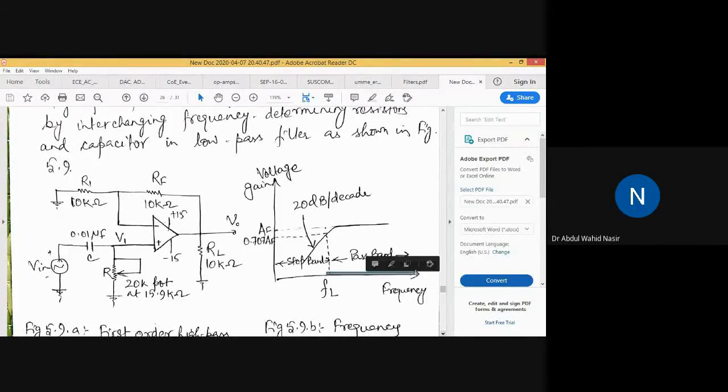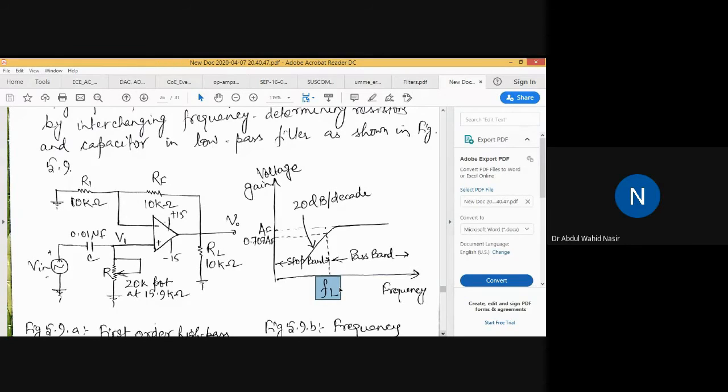In a low pass filter we had the cutoff frequency FH. You should remember that in a low pass filter you have the cutoff frequency FH, so it allows the frequency range from 0 to FH to pass, whereas in a high pass filter we have the cutoff frequency known as FL, the low cutoff frequency.